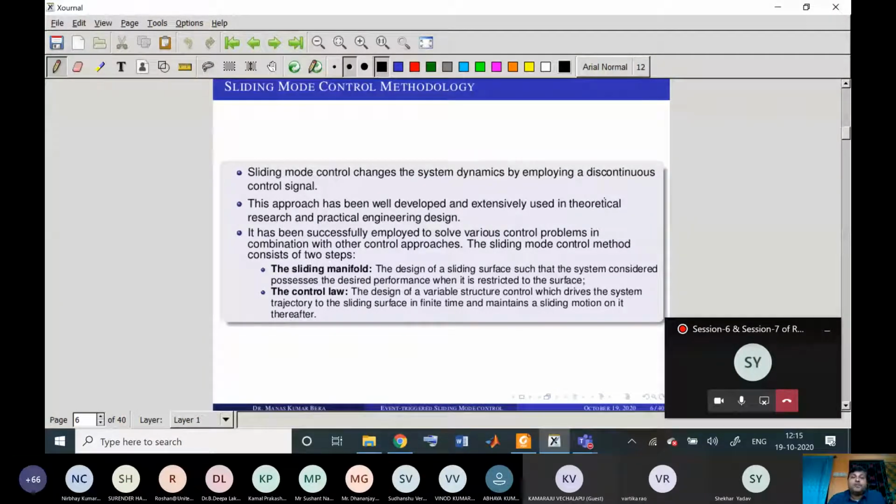The next part will be the design of the control law, the design of a variable structure control which drives the system trajectory to the sliding surface in finite time and maintains a sliding motion on it thereafter.